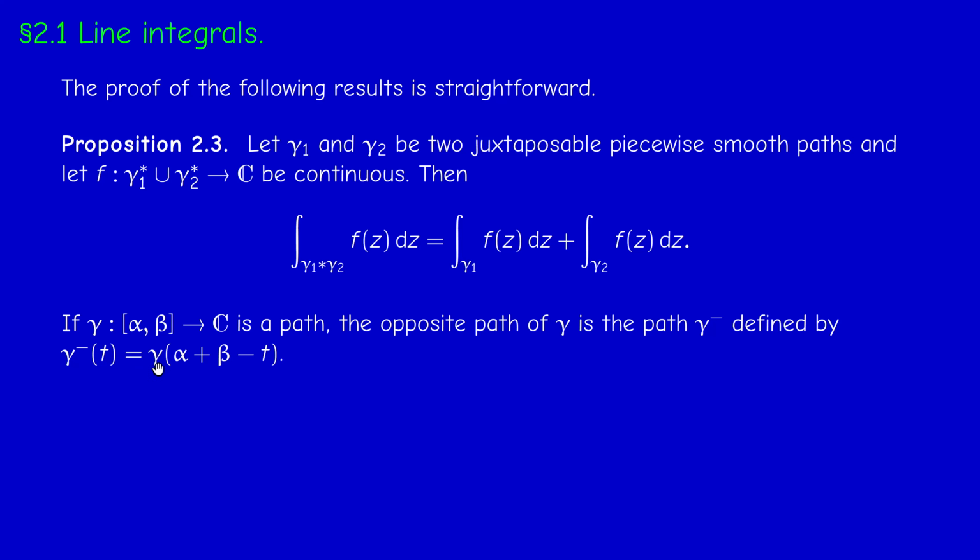So if gamma goes from alpha to beta, when t equals alpha, we get gamma of beta. So we start from the final point. And when t equals beta, we are at alpha. So gamma minus is just the opposite path of gamma. It's given by this formula.